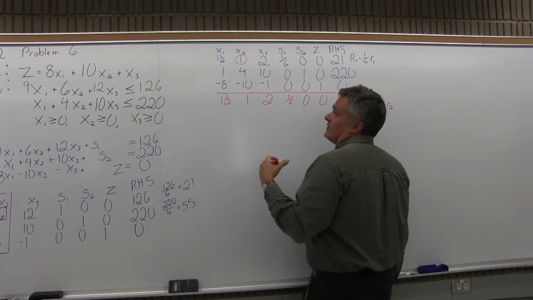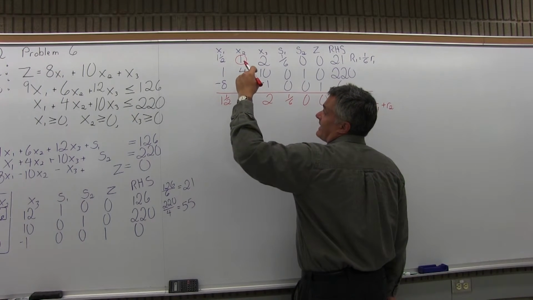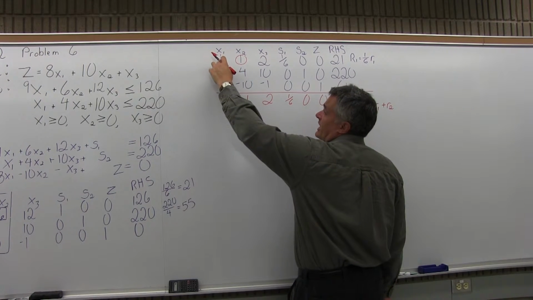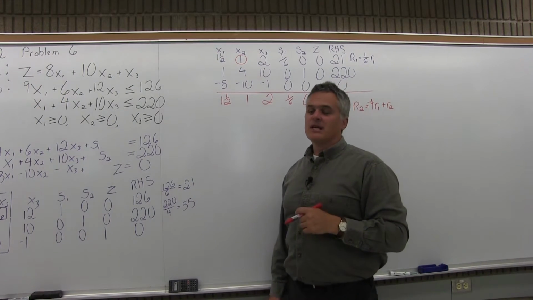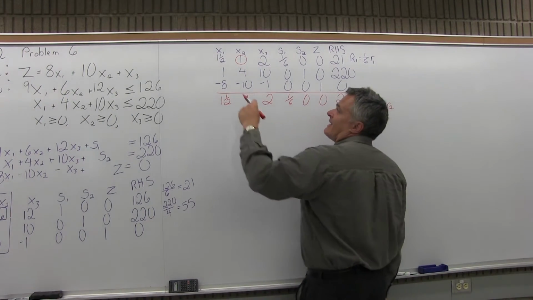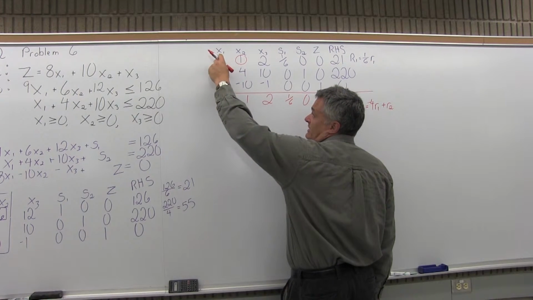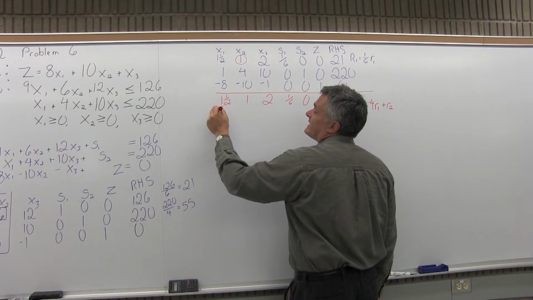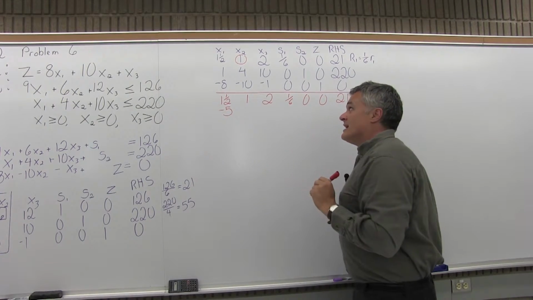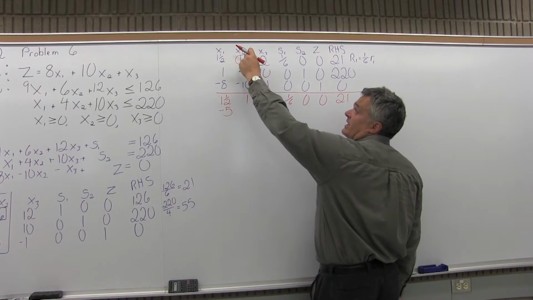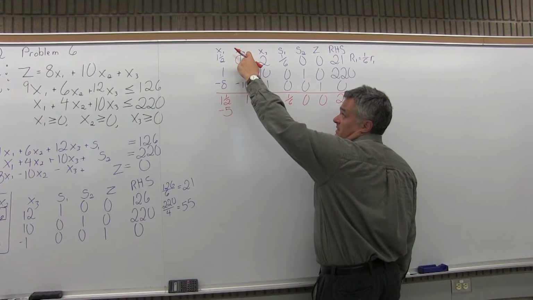Now in the new row 2, what's going to happen in the x1 column, you're going to do -4 times row 1. That's -4 times 1.5. That's going to give me a -6. I'm going to add that to what's in row 2. So -6 plus +1 is -5. Then in the x2 column, -4 times row 1 is -4 times 1, which is -4.